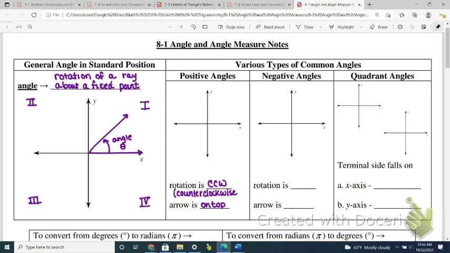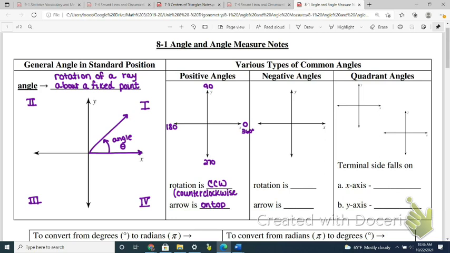So if we remember, the total degrees for our circle is 360 degrees. If I break that up into 4 parts, because there are 4 quadrants, this is going to be 0 degrees, 1/4 of it is 90, half of it is 180, and 3/4 of it is 270. And then back to the beginning again is 360 degrees.